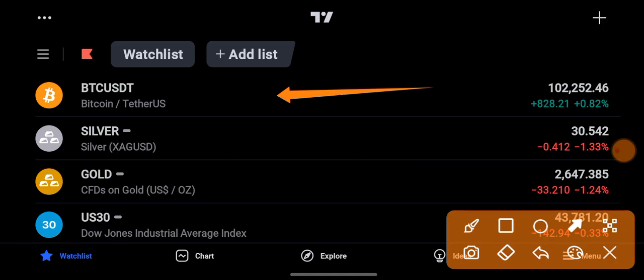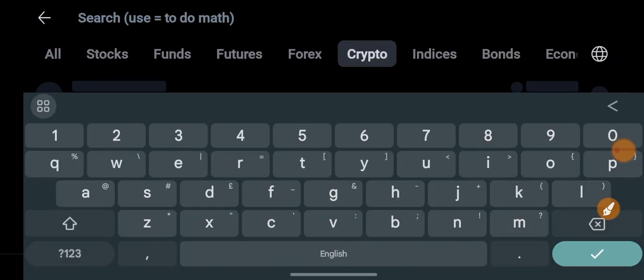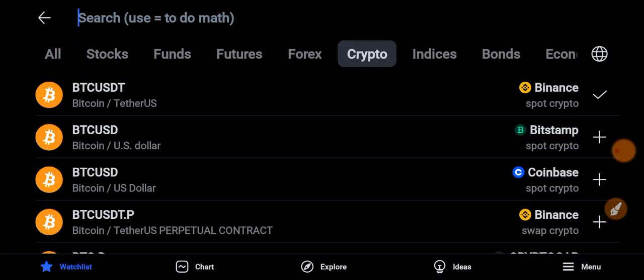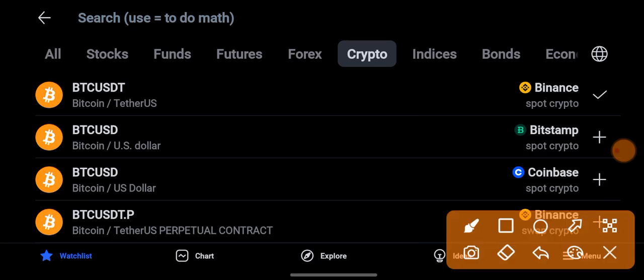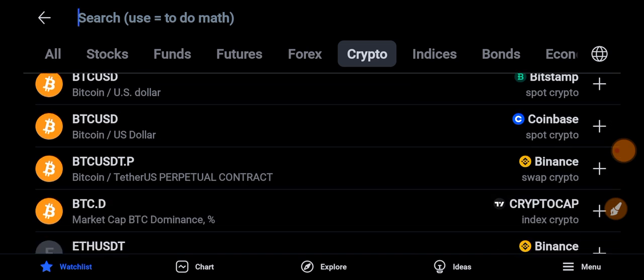We have the Ethereums. When you search here, crypto, right? When you come to crypto, you see we have the BTC. We have the BTC USDT here. We have the BTC US dollar. And they all come from different companies that are giving you these charts on TradingView. So it's up to you to choose what kind of company.